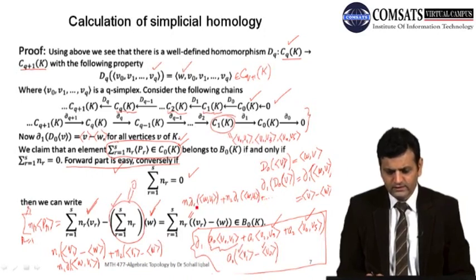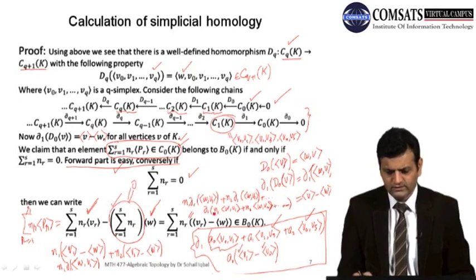Okay, and then this partial 1 is a homomorphism, so we can take common all these things. So in other words, we can write partial 1 of n1 W V1 plus n2 W V2 up to and so on, so plus s terms.